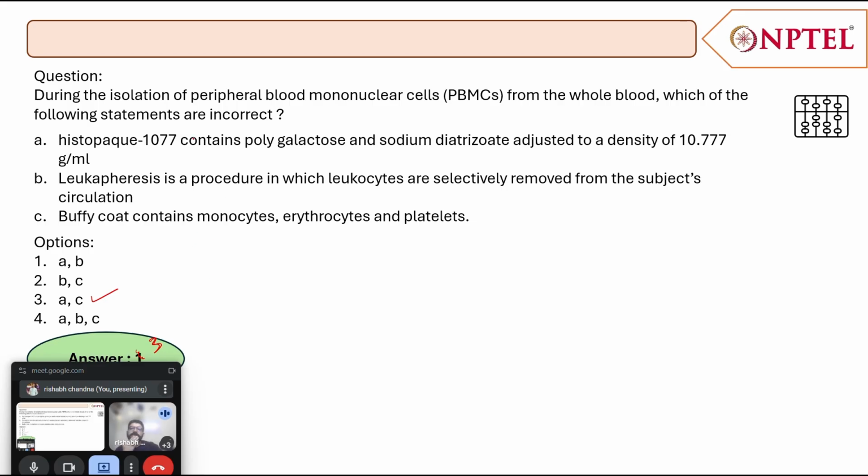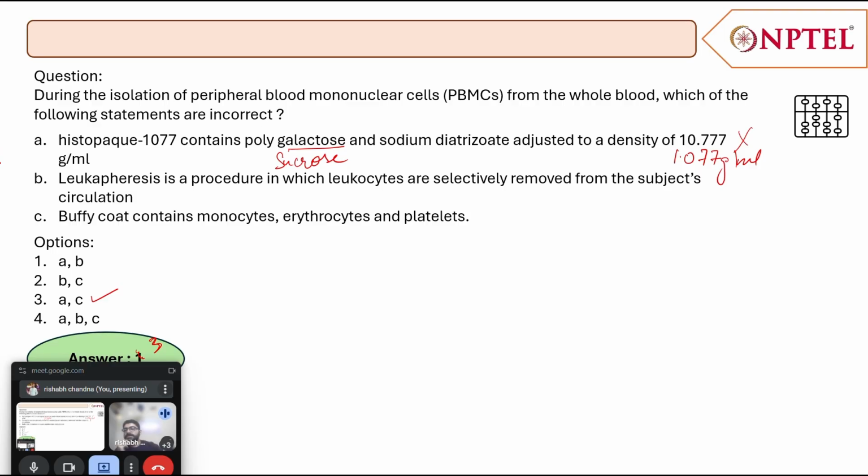Let's see the statements. Histopaque 1077 contains polygalactose and sodium diatrizoate adjusted to a density of 1.077 gram per ml. Just now we saw Histopaque 1077 has polysucrose and sodium diatrizoate adjusted to a density of 1.077 gram per ml, so the first statement is false.